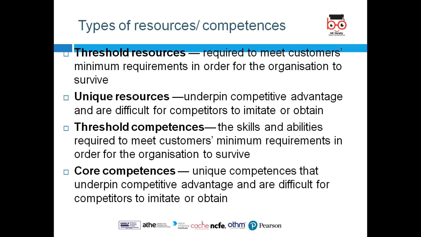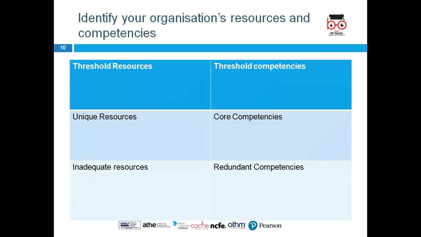Core competency is unique, and it can create a competitive advantage in different roles. So we need to look at all of these: threshold resources we require, threshold competencies, unique resources, core competencies, and inadequate resources. Then there are redundant competencies.